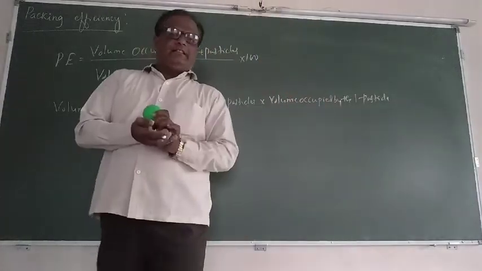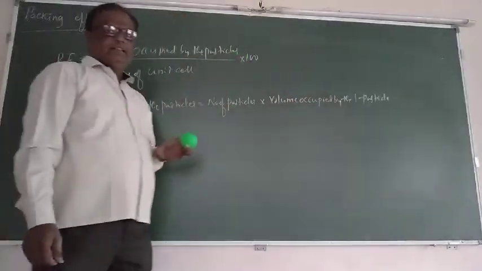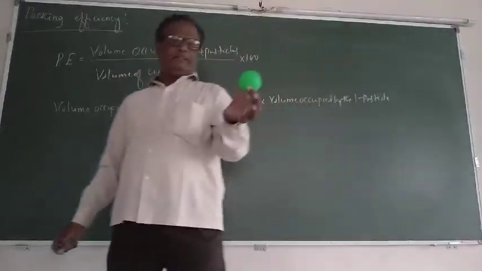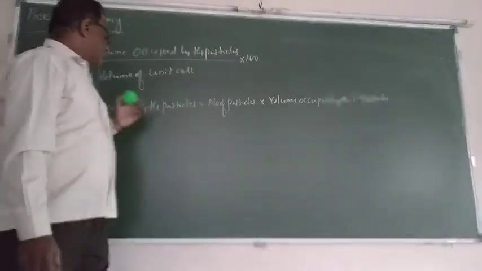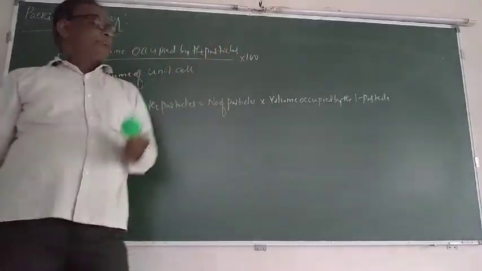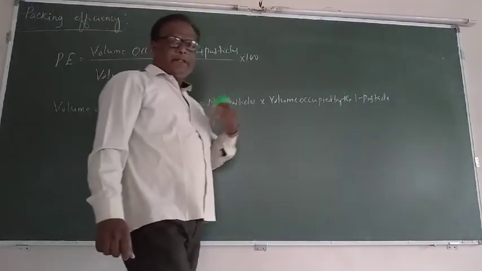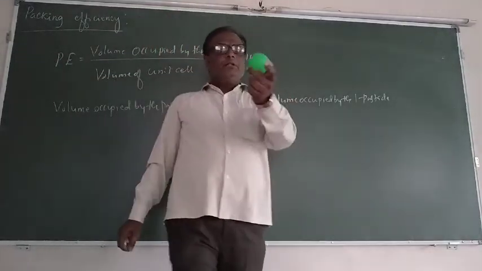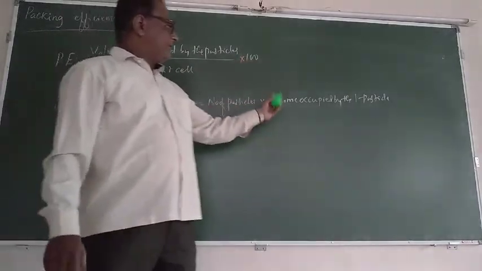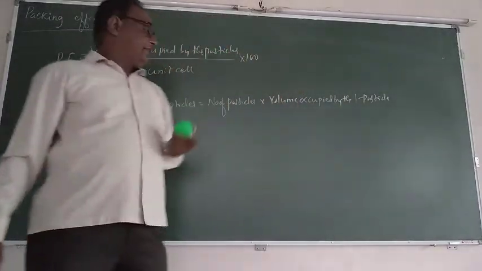If a unit cell has one particle, the volume occupied is the volume of that one particle. If a unit cell has two particles, it is 2 into the volume occupied by one particle.